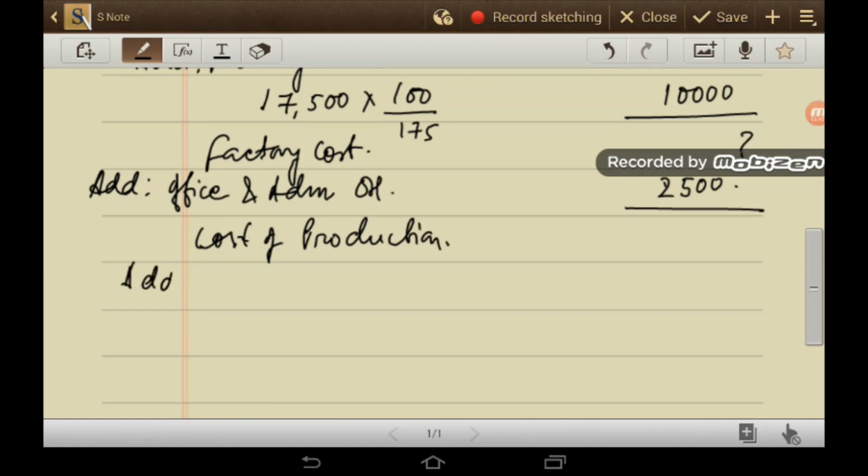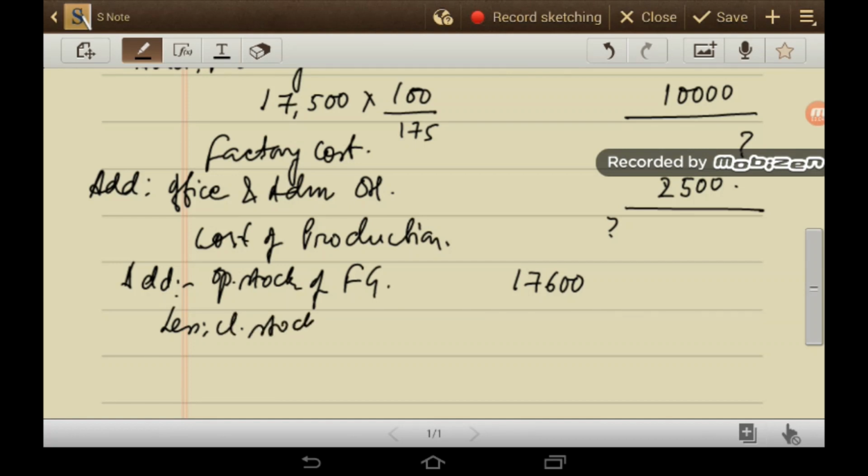Add, so this is also a missing value. Opening stock of finished goods given as 17,600 less closing stock of finished goods 19,000.